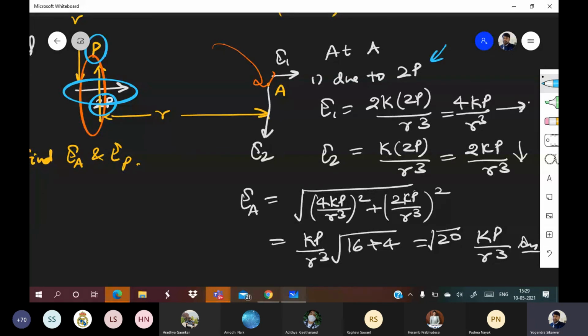Yes, you are right. Sakshi is saying correctly. This is actually p, because equatorial means this. So for that we have to take p. She is right. So this will be Kp upon R cube, and the answer will be root 17 Kp upon R cube. Is this correct?